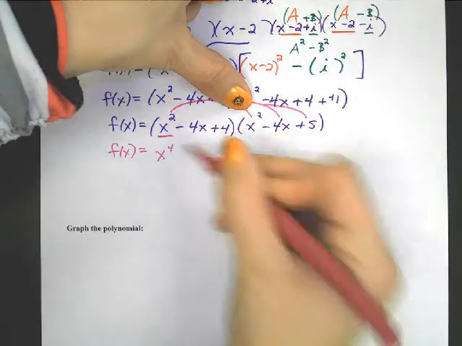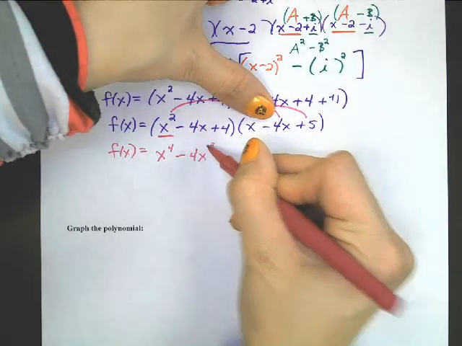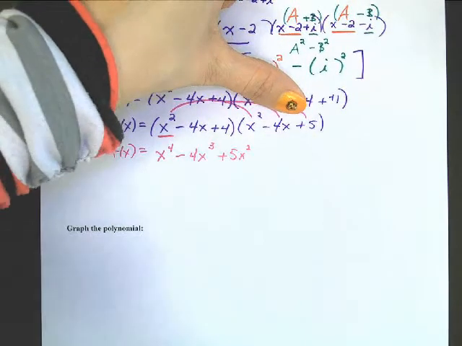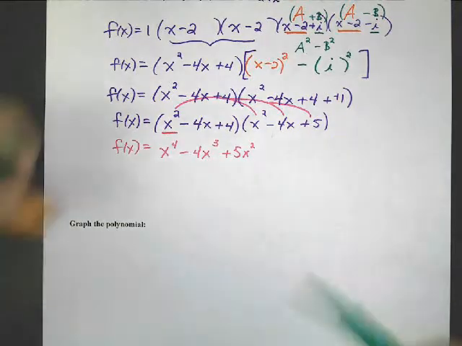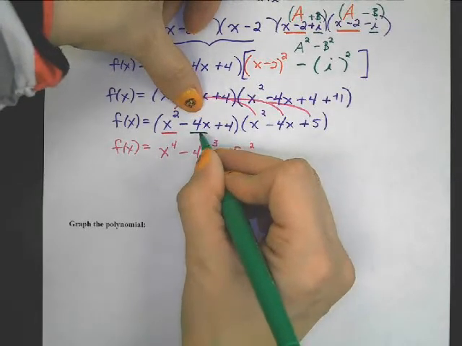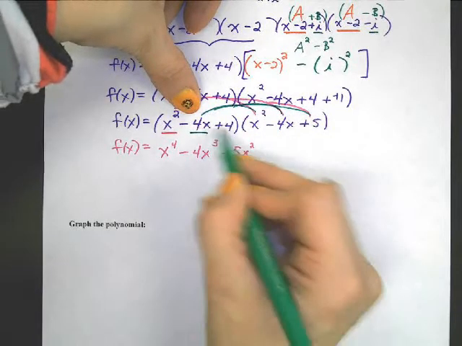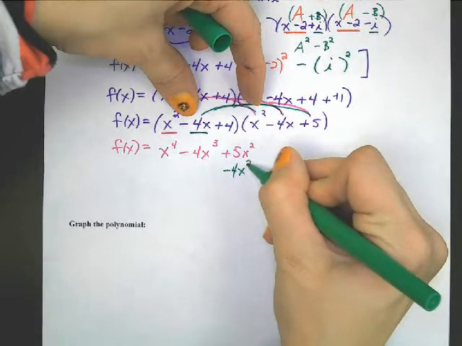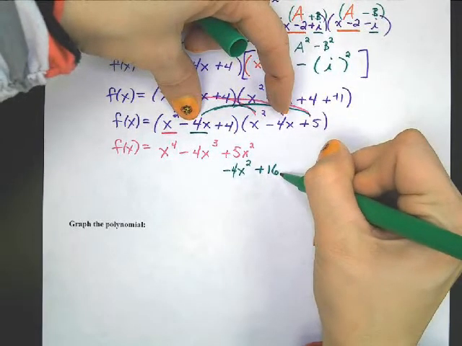So that's x to the 4th minus 4x cubed plus 5x squared. The next thing I'm going to distribute with my second color here is negative 4x. So that has to get distributed all three times. And that's going to make negative 4x squared. Negative times negative is plus 16.